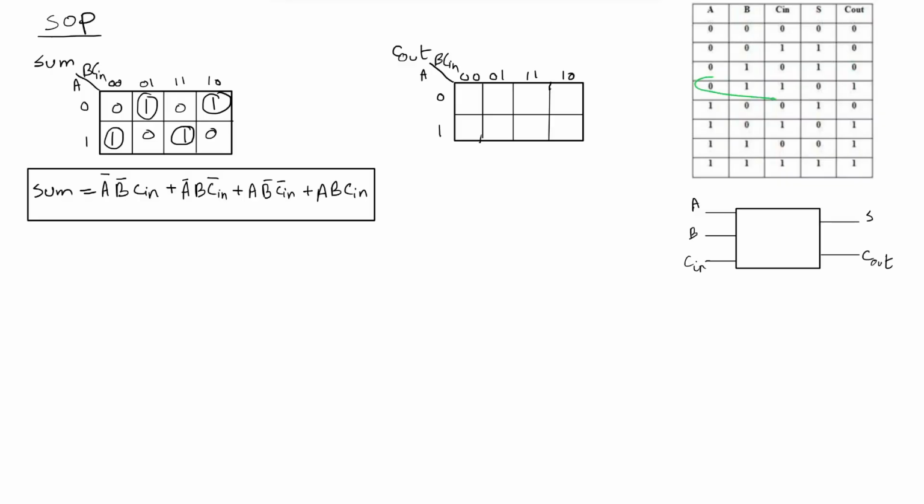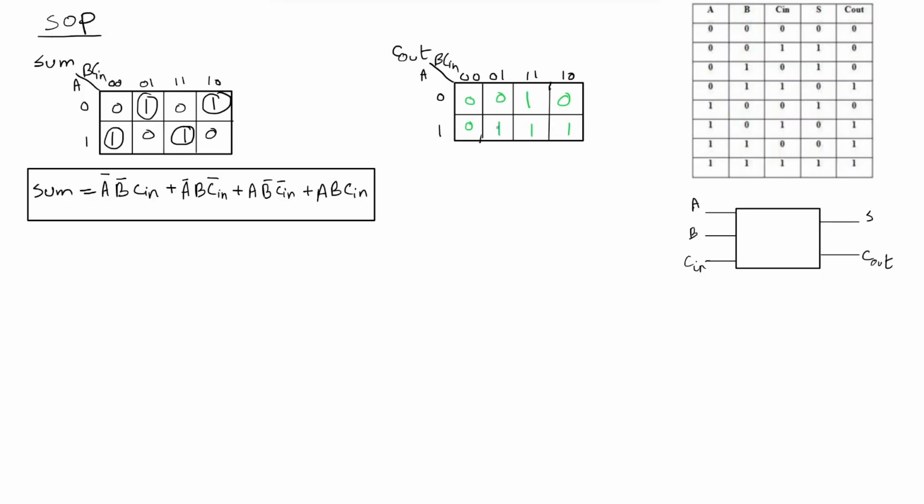It's 1 in this area, which corresponds to 0, 1, 1. It's 1 in this area, which corresponds to 1, 0, 1. It's 1 in this area, 1, 1, 0. And lastly, it's 1 in this area, which corresponds to 1, 1, 1. The rest are zeros.